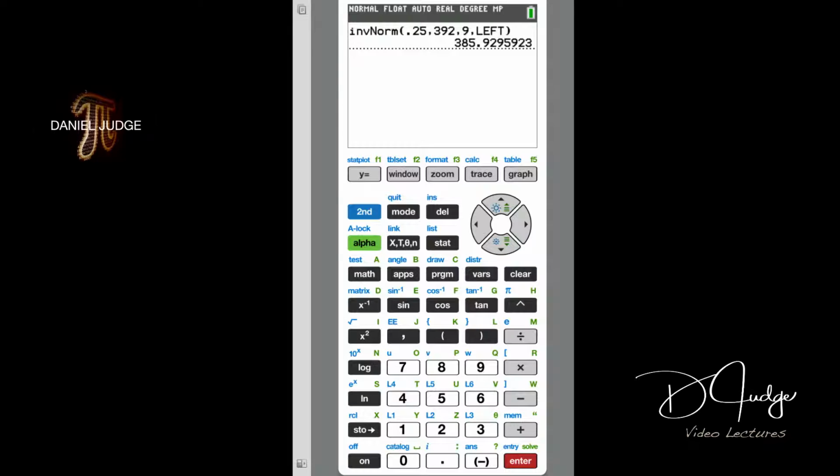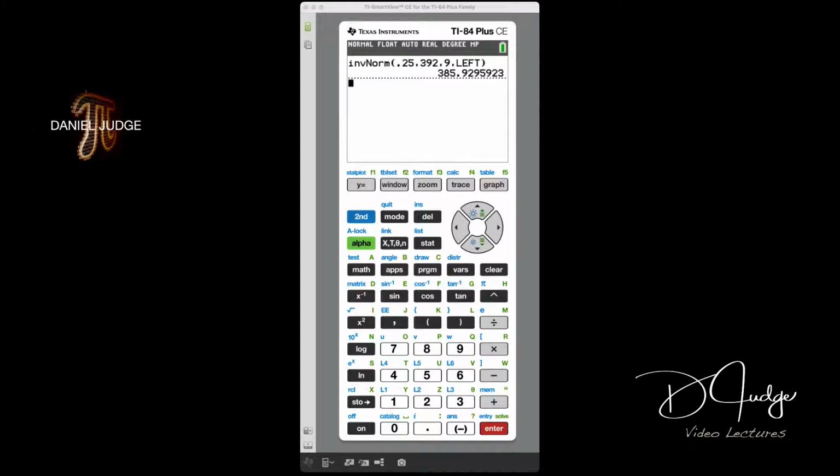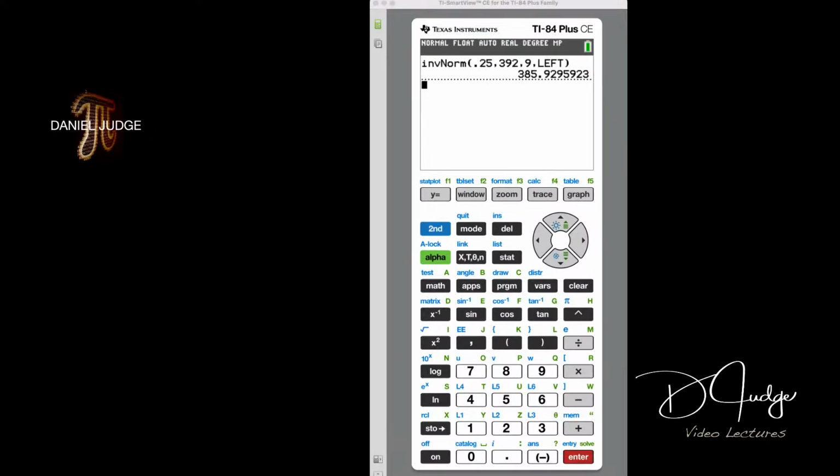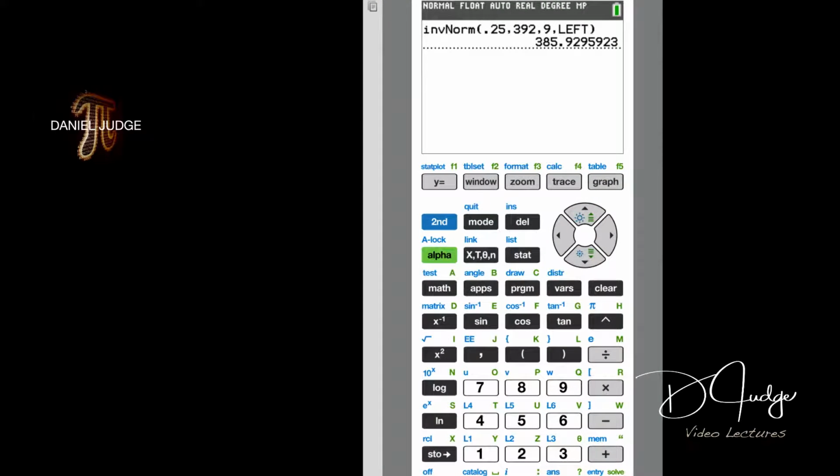And so, ladies and gentlemen, this is the value they're looking for. 385, which, let's approximate to the whole number, is 386 here. Okay? It's kind of odd. I really wish I could do that. Why can't I do that? Yeah, I don't know. Guess that's the best we can do. 386 to the whole number.